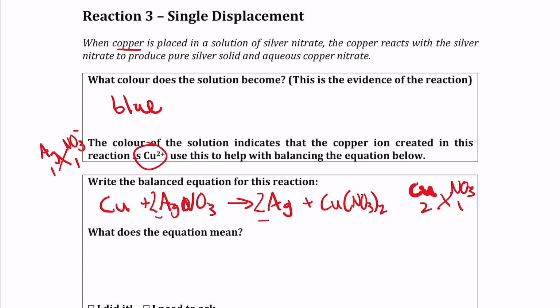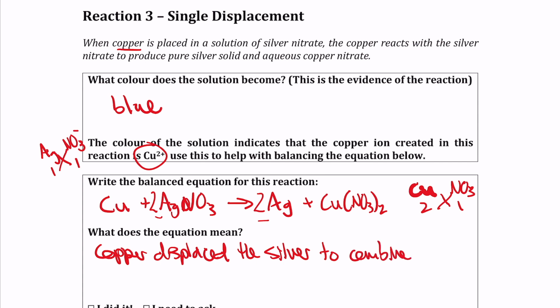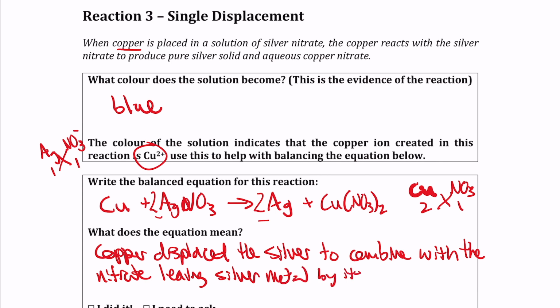So what does this equation mean? It means that copper displaced or replaced the silver to combine with the nitrate, leaving silver metal by itself.